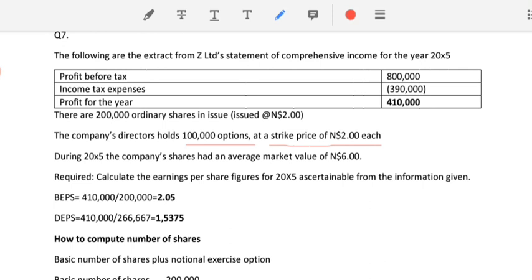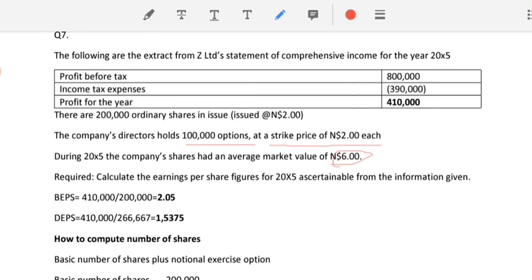Okay, and they say during 2015 the company shares had an average market value of 6. They say calculate the earnings per share figure for 2015 ascertained from the information given.